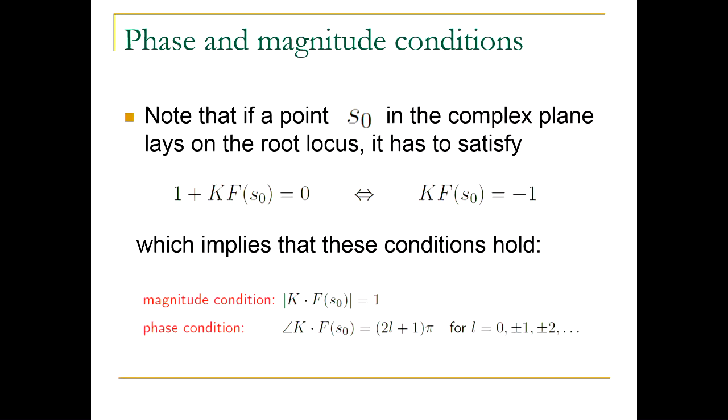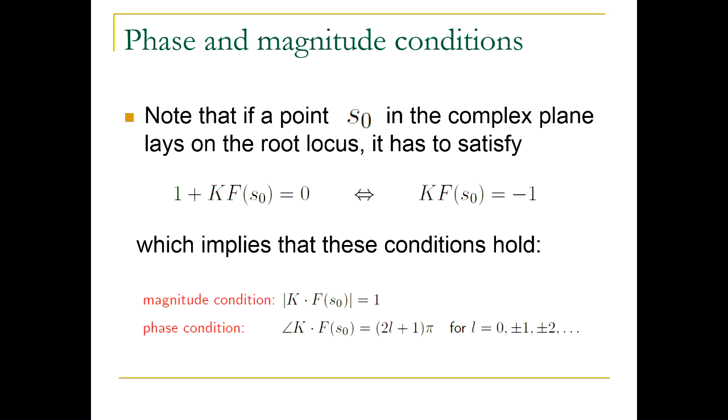So let's just look at some very simple observations. I'm saying first, if I pick a point in the complex plane, which I call S0, if that point is on the root locus, then that S0 needs to satisfy this equation. If I plug S0 into the transfer function, it has to solve the equation.